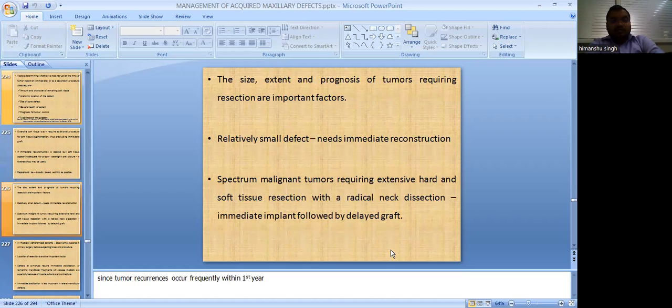The size, extent and prognosis of tumors requiring resection are important factors. Relatively small defects need immediate reconstruction. For malignant tumors requiring extensive hard and soft tissue resection with a radical neck dissection, immediate implant followed by delayed graft.